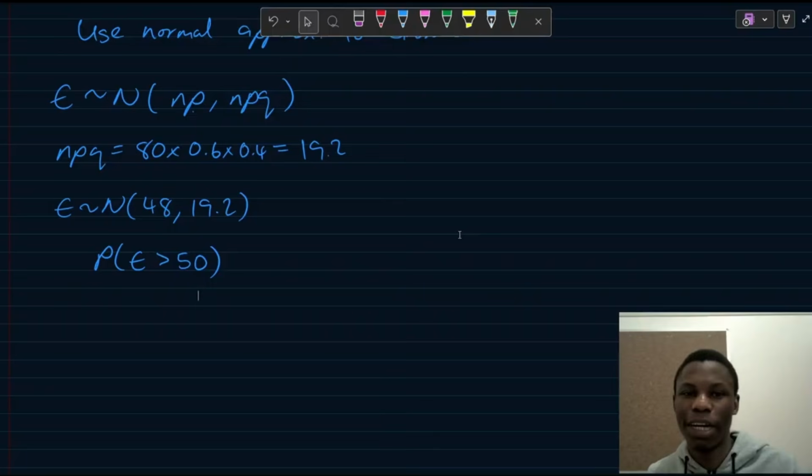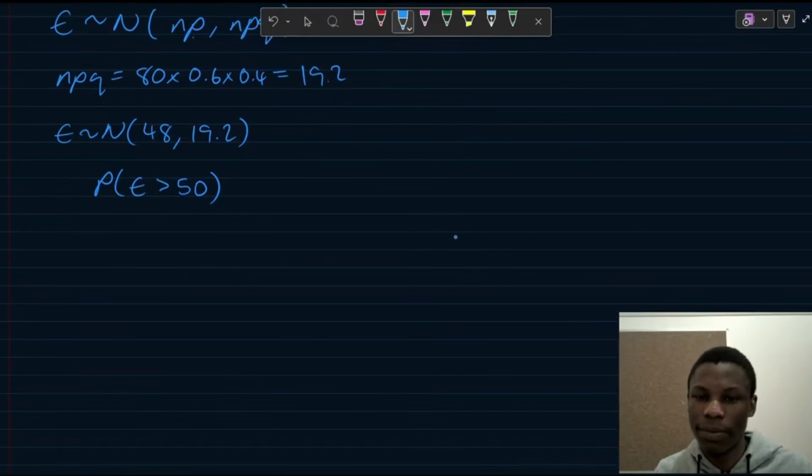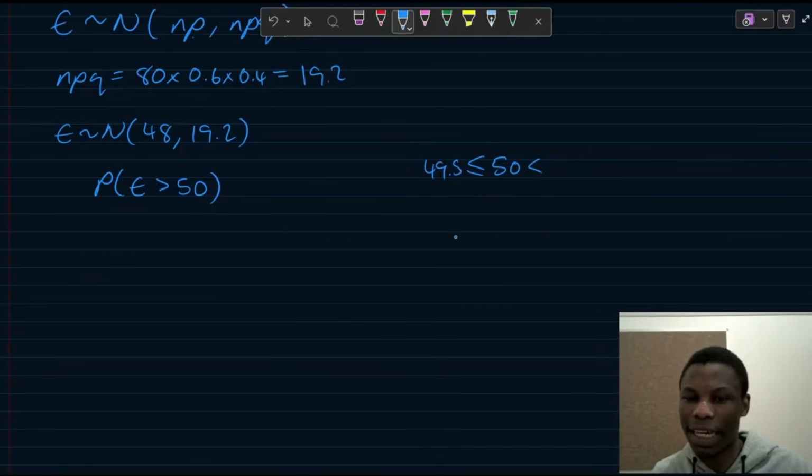And we do that by applying what we call continuity correction. This number 50 under discrete conditions represented exactly 50. But now, under continuous conditions, this 50 represents any number from 49.5 all the way up to 50.5.